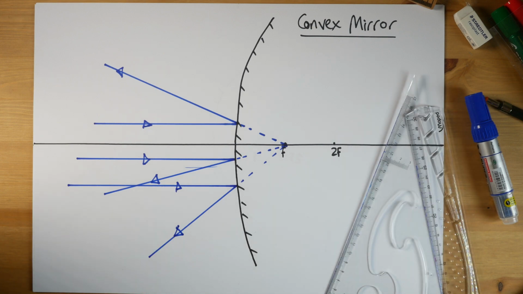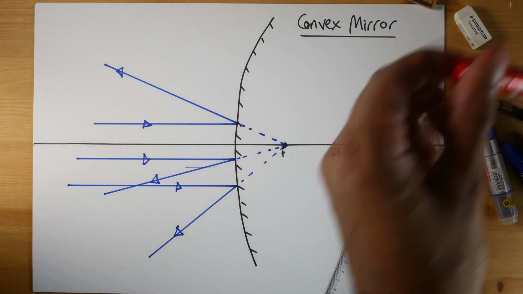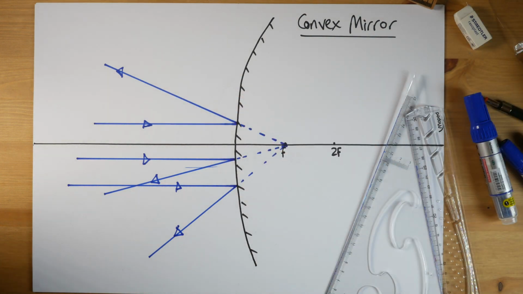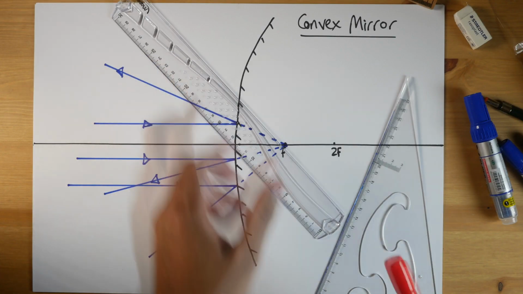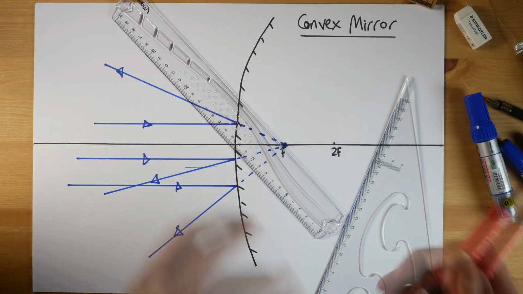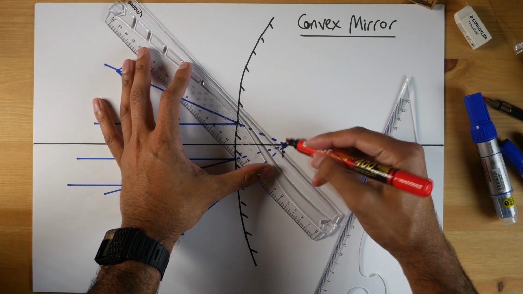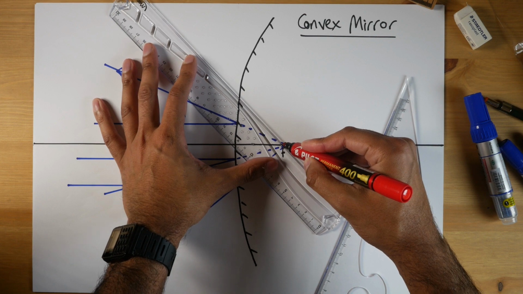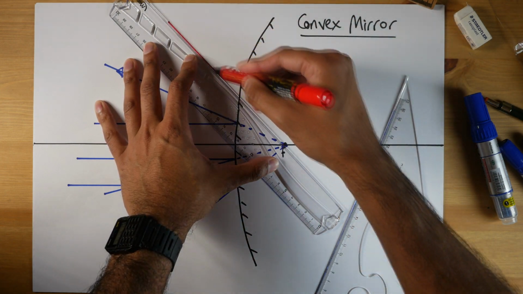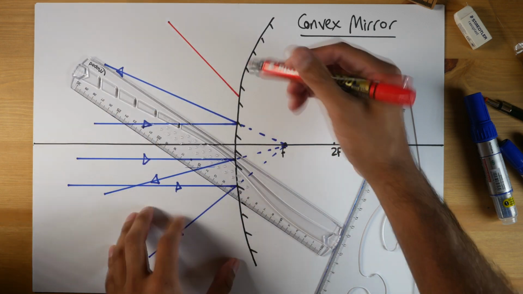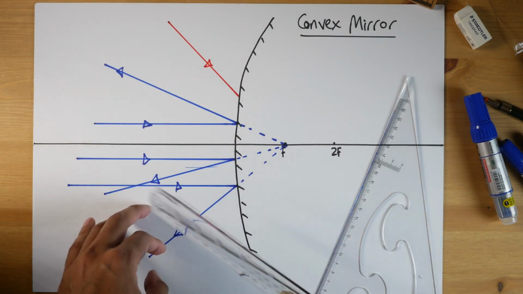The next thing that you need to know is if there is a ray of light that is going at an angle towards the focal point. So let's just draw that. I'm aiming towards the focal point over here, and my ray of light is going in that direction. What's going to happen to this?